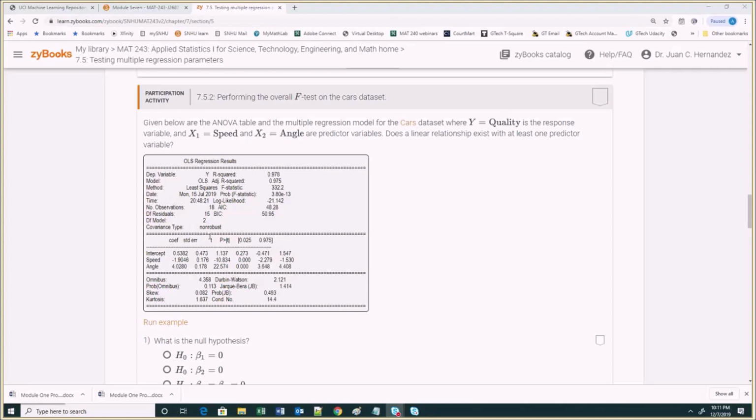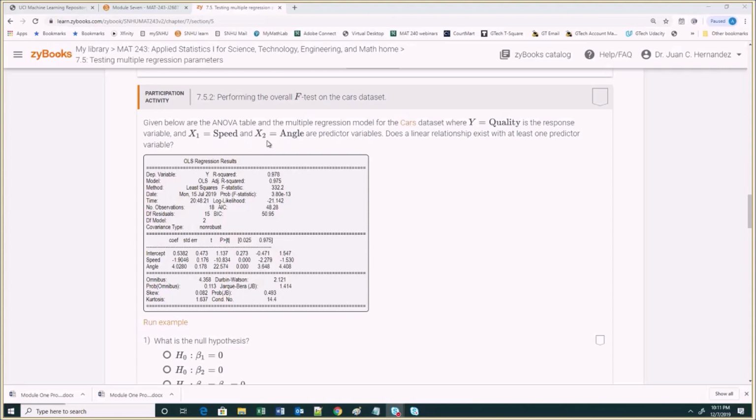So first we will consider the overall F-test. Recall that the overall F-test is testing whether at least one of the two independent variables is significant. Under the null hypothesis for the overall F-test, the slope estimates for x1 and x2 are both 0, meaning that beta 1 equals beta 2 equals 0.